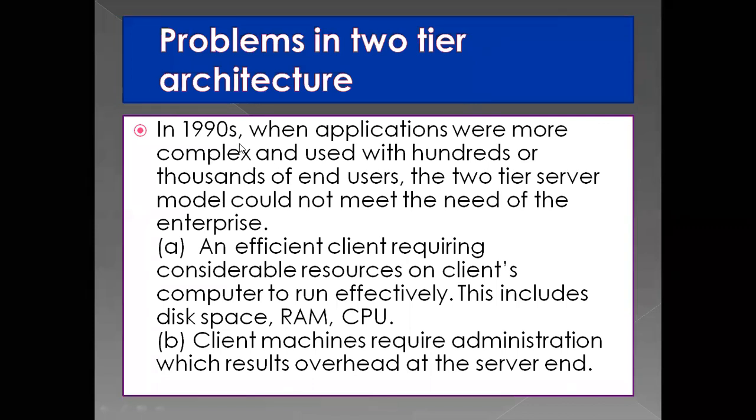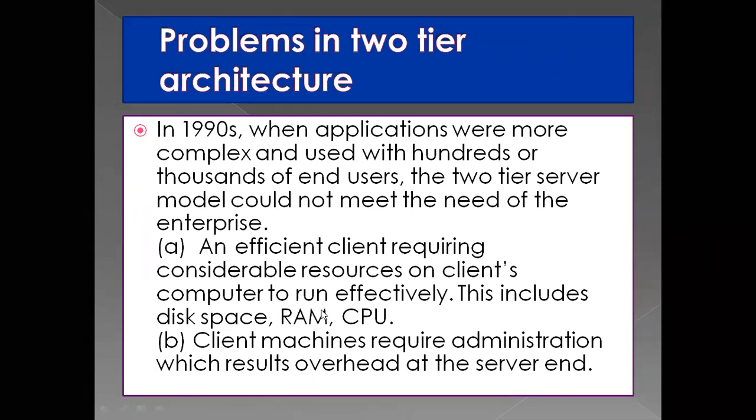See, in the 1990s, when applications were more complex and used by hundreds and thousands of end users, the two-tier server model could not meet the needs of the enterprise. First, an inefficient client requiring considerable resources on the client's computer to run effectively, and this will include what?